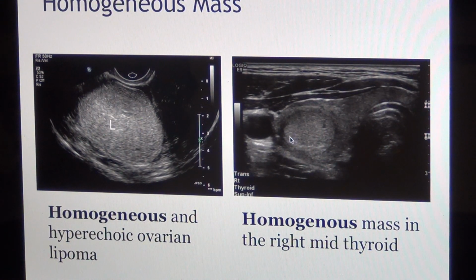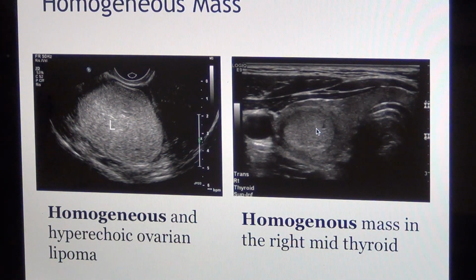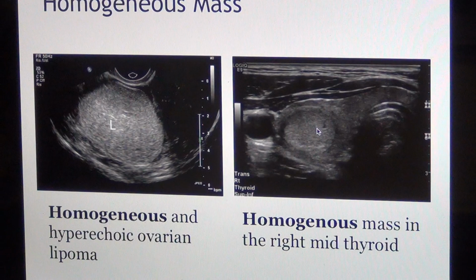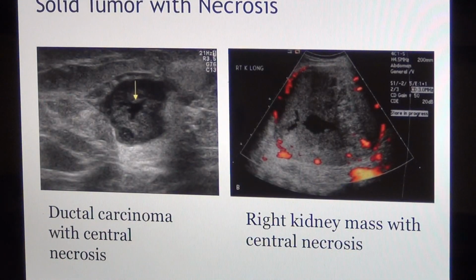Look at the homogeneous mass. Okay, you have to train your eyes, no question about it. So this is homogeneous. You can see a well circumscribed homogeneous mass, and the texture is smooth, or the texture could be coarse. So this is homogeneous.